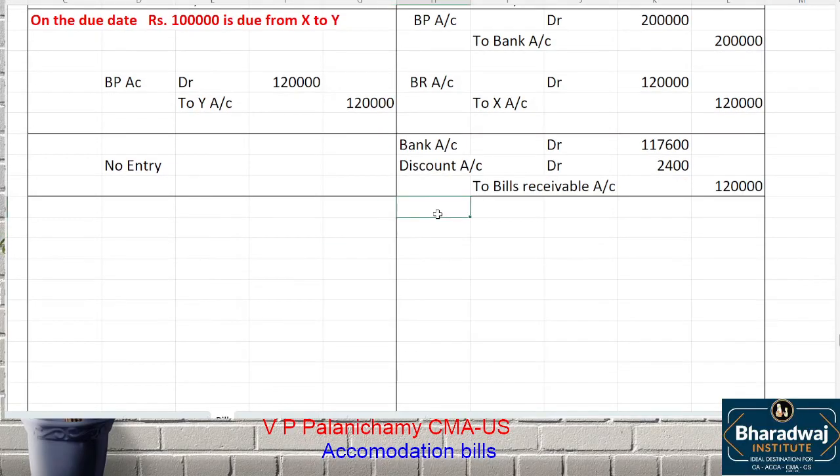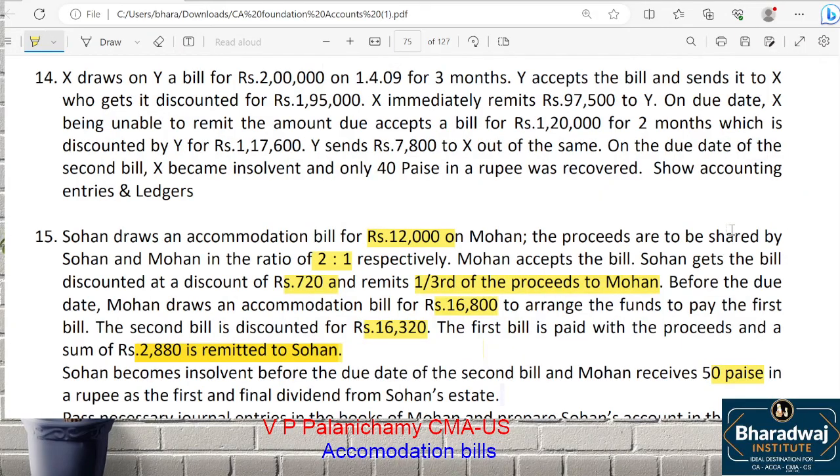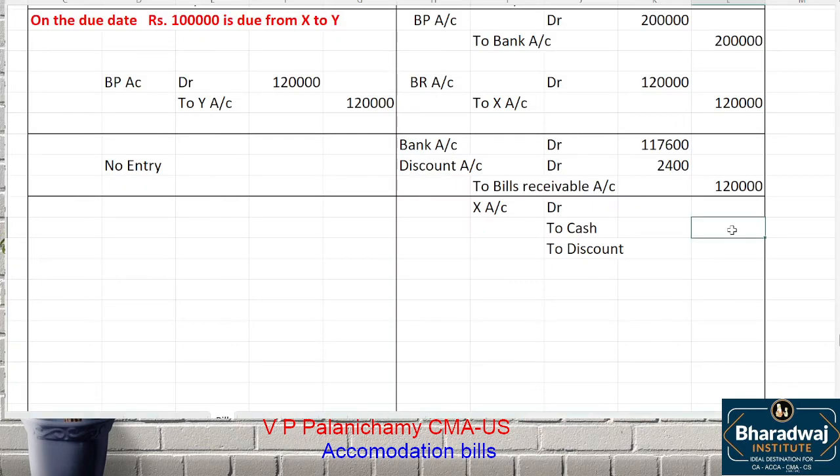While sending the money, how much is sent? Second bill, 7,800 is sent. So old bill, old amount due, 1 lakh.